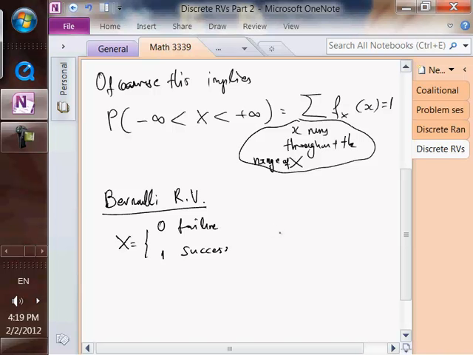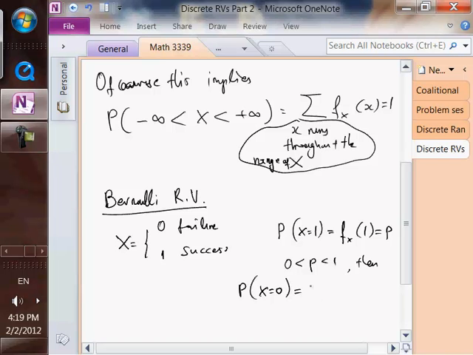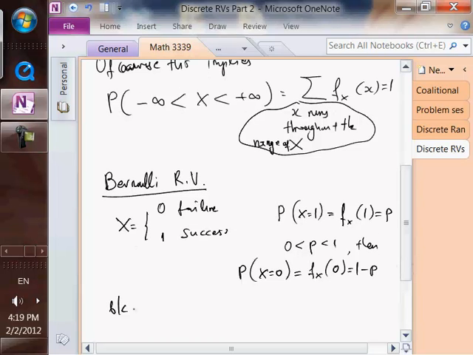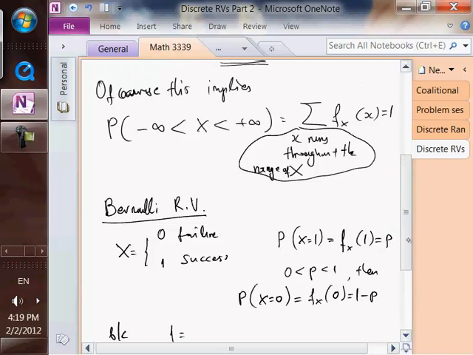And if I say that the probability that X takes the value 1, that is the density of X at 1, is equal to p, where p is a positive number between 0 and 1, then the probability that X takes the value 0, that we have a failure, will be 1 minus p. Because X can take only two values. So we can have only one thing based on what we mentioned here, that guy here.